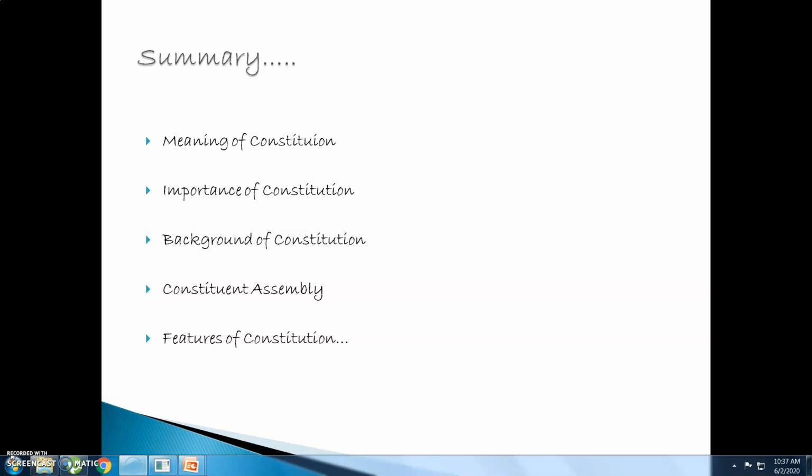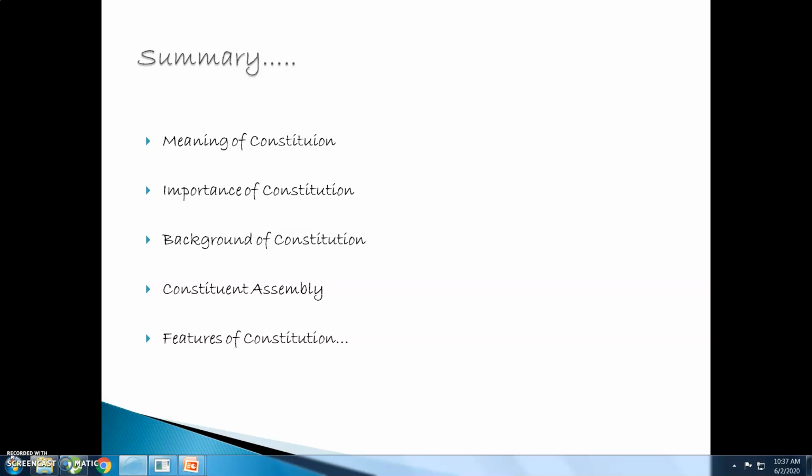Importance of Constitution. Without Constitution, India would not function in the way it is functioning today. Background of the Constitution. All of us know India was prior ruled by the Britishers. Indian freedom fighters did not want to follow rules and laws which were made by the Britishers post-independence.